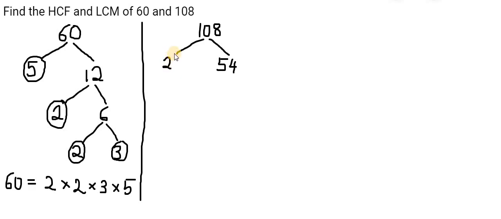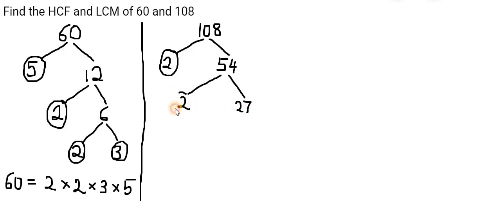Okay, 2 is a prime number, circle that. 54 is not, but it's an even number, so 2 is a factor. Don't know what goes with 2 to get 54? Carry out 54 divided by 2. That will get you 27.